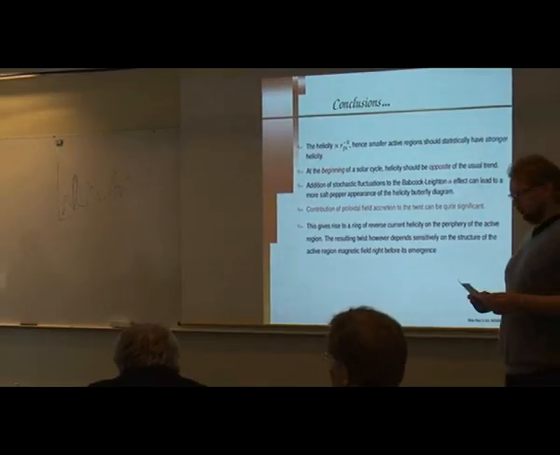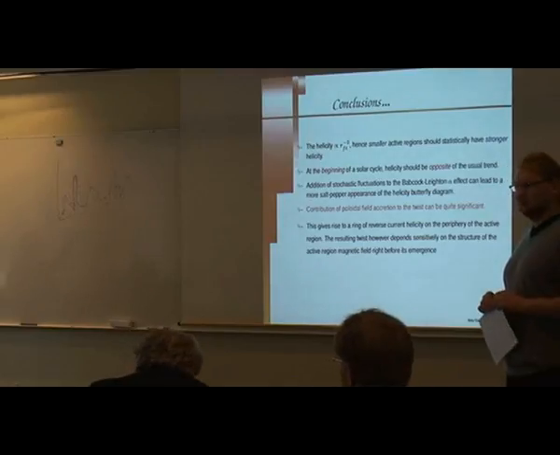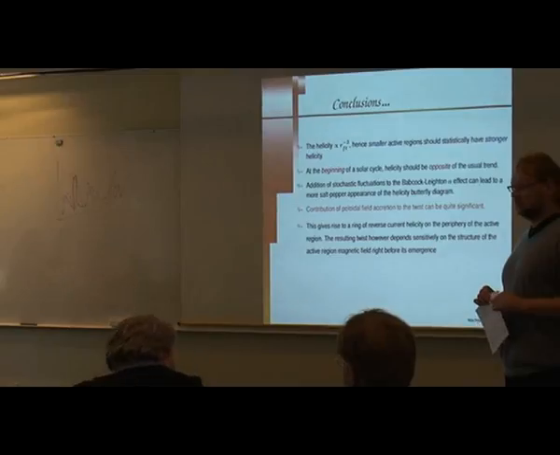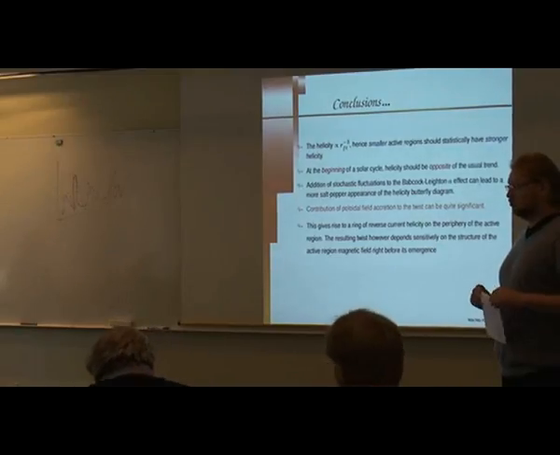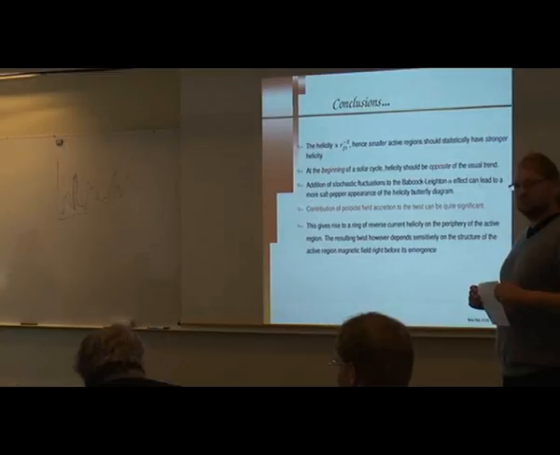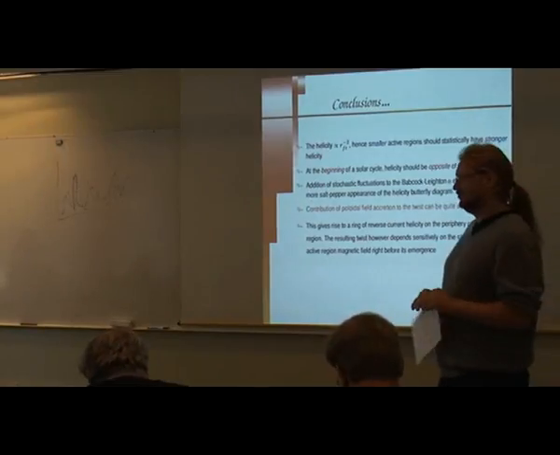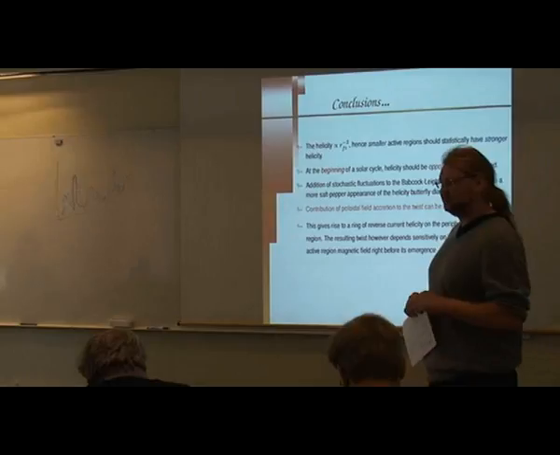Would your helicity change? Yes, of course. Then I would probably take the alpha effect to be negative in the northern hemisphere, and the Babcock-Leighton alpha to be negative in the northern hemisphere. So this in principle should answer your question. Because the Babcock-Leighton mechanism changes sign, and that changes helicity.